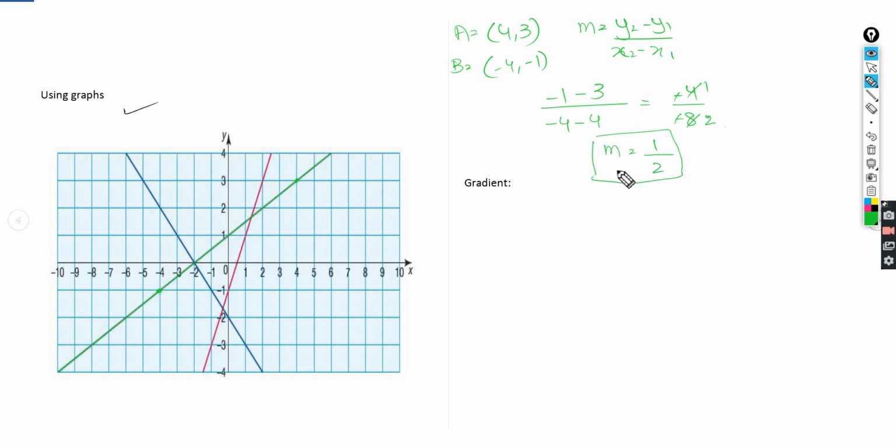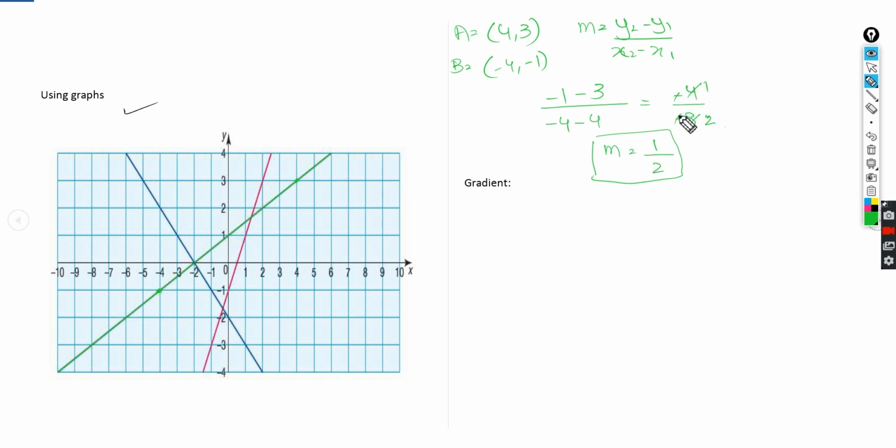And I know this is my correct answer. I'll give you 1 minute to figure out why this is my correct answer. I absolutely am sure that my gradient is correct. Why am I sure? Alright, time's up. So, why am I sure? Because this green line is an upward sloping line, and we already discussed that whenever there's an upward sloping line, the gradient should always be positive.